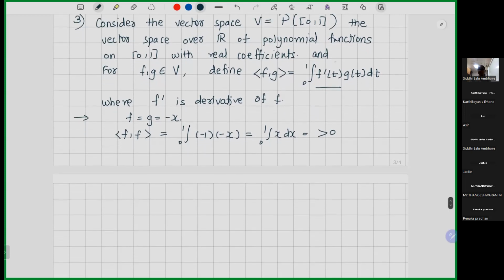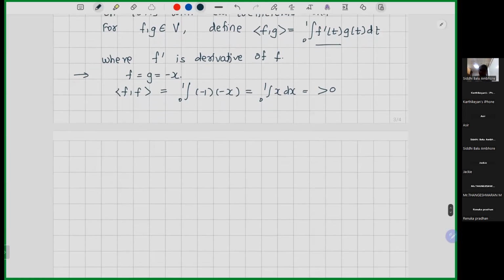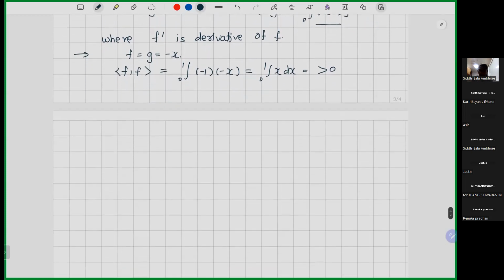Since f dash into g need not be equal to g dash into f, we will start with that. Any guesses? What f and g should we choose? f is equal to 1 and g is equal to x.